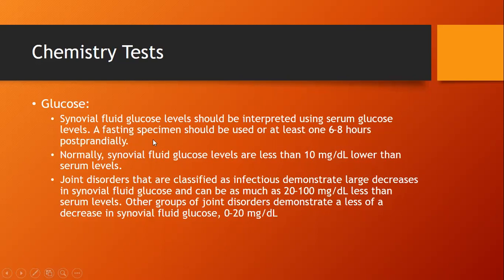Normally, synovial fluid glucose levels are less than 10 milligrams lower than your serum levels. Joint disorders associated with decreased glucose levels are usually seen in inflammatory joint disorders or in septic joint disorders.